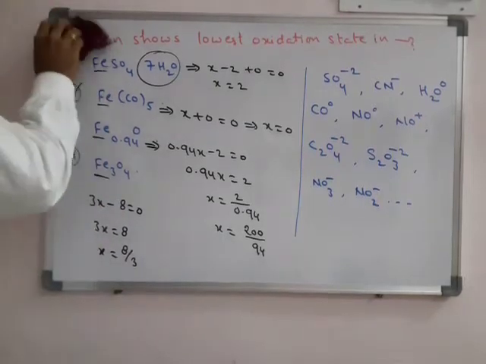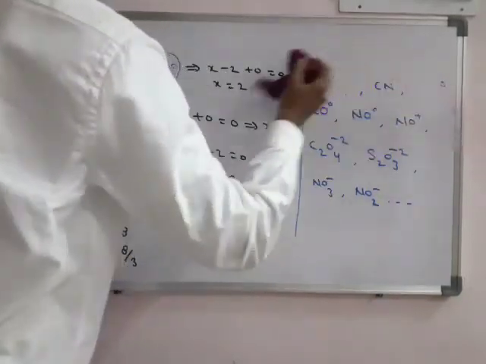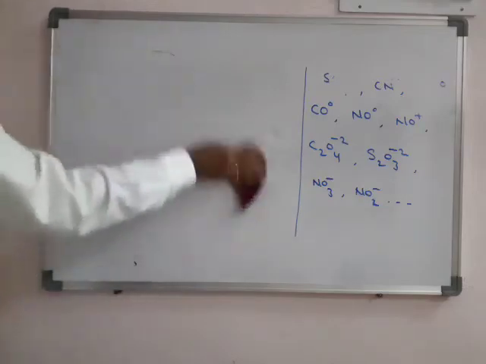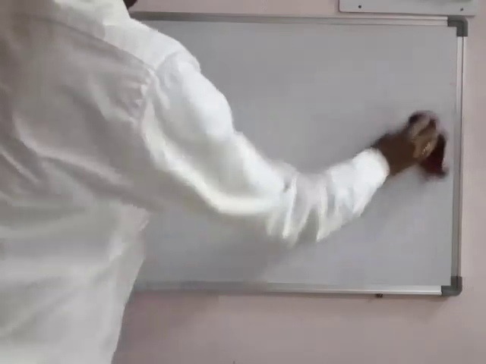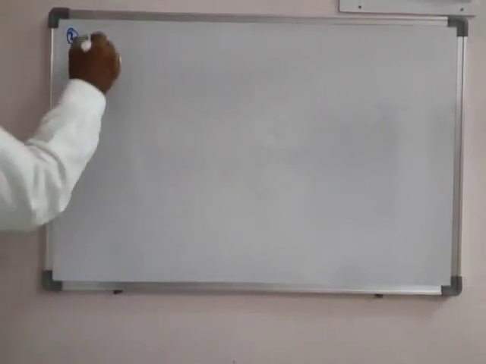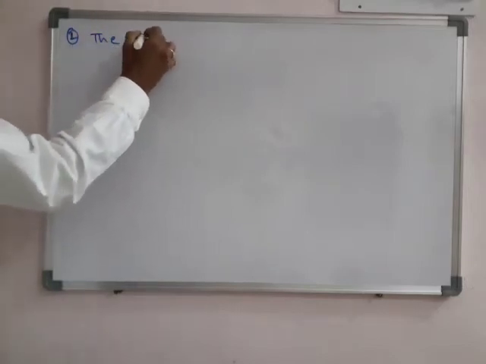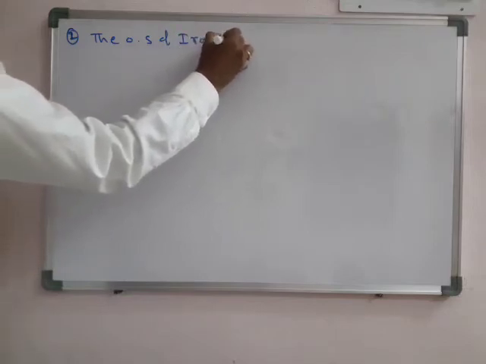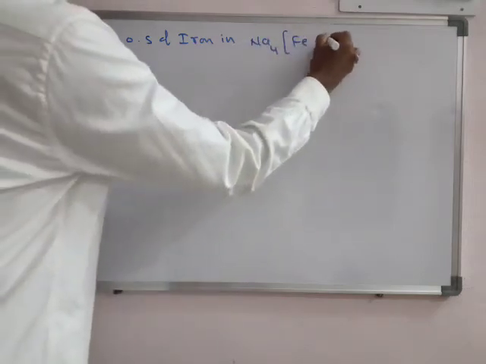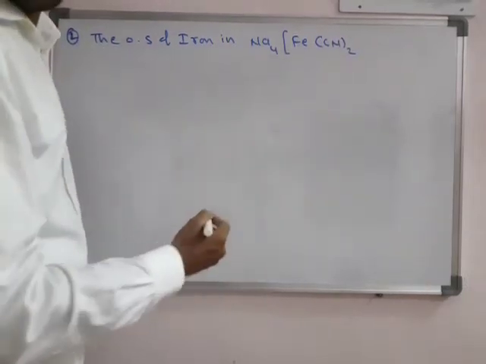So next, let's see some more examples. The oxidation state of iron in Na4 Fe(CN)5 NOSO4.